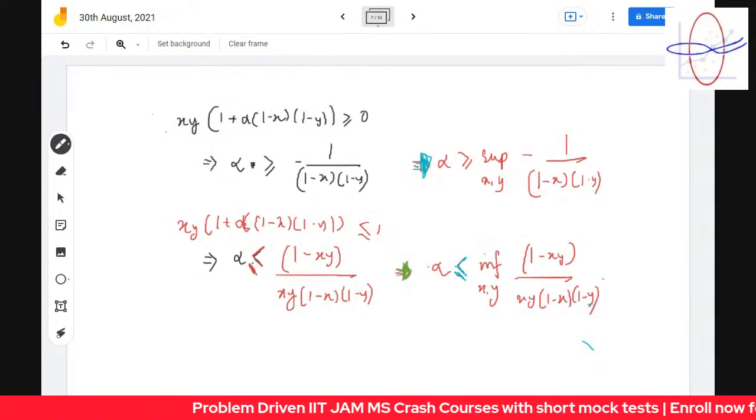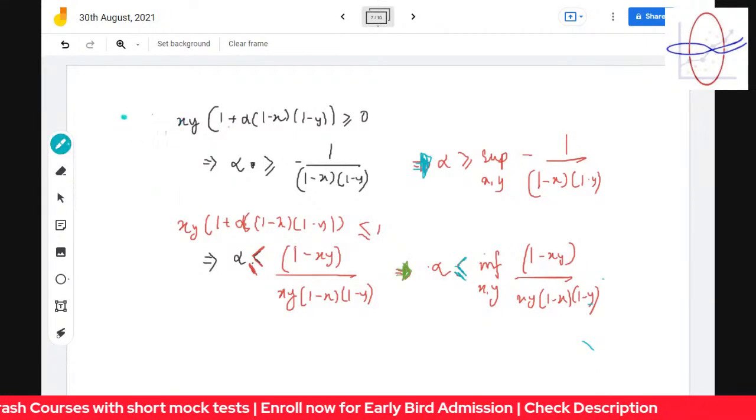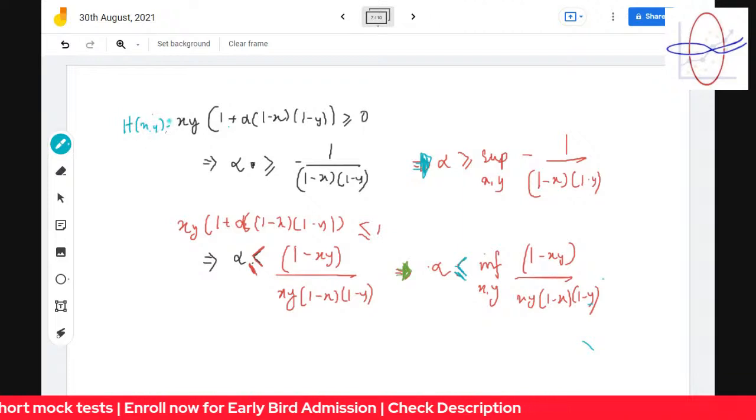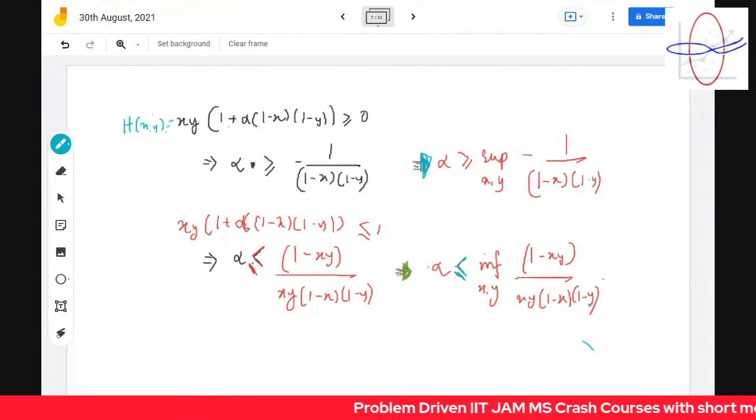Now I will write the bound that we have for H of x comma y. H of x comma y has two bounds. It is greater than or equal to 0. Since x and y are non-negative, if it's 0 then it's not interesting.